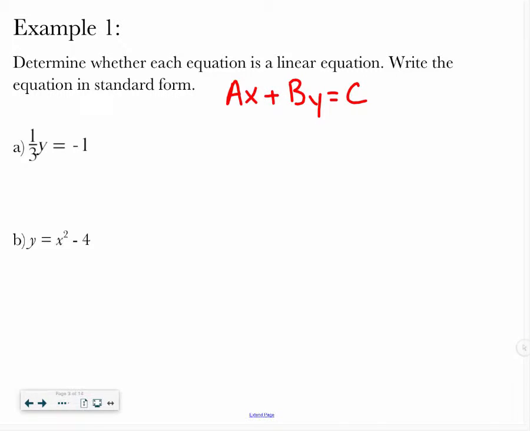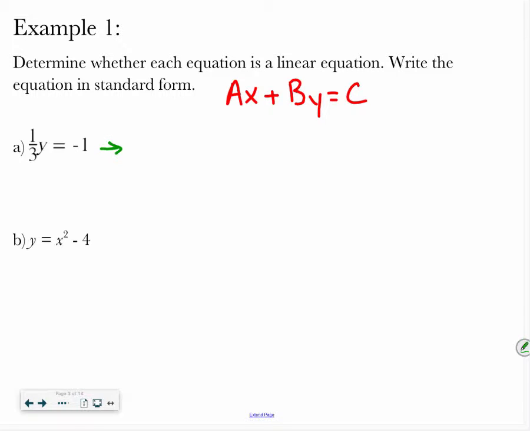Now, in order for an equation to be a linear equation, it needs to form a straight line, okay? That means that you have an x and a y, and that the powers are not greater than 1. So here we have 1/3 y equals -1.